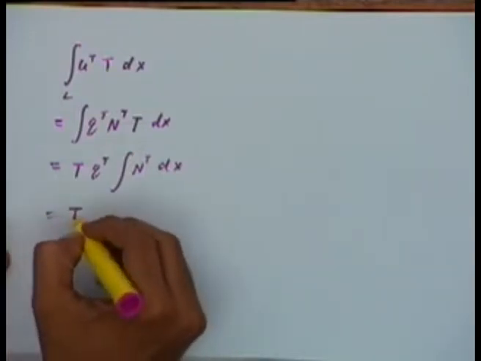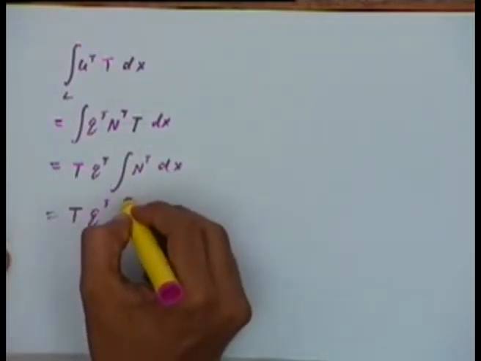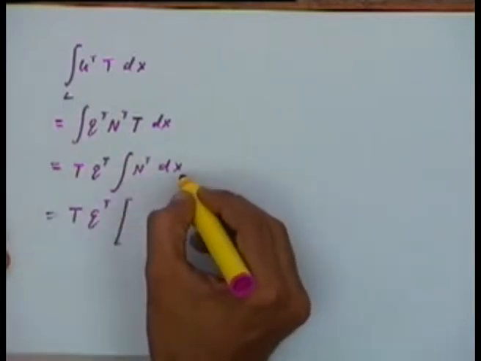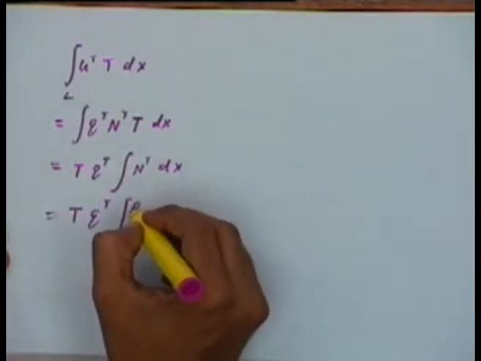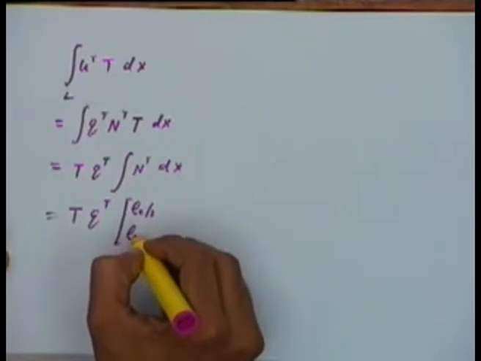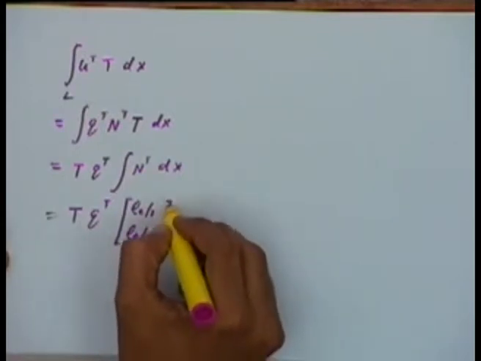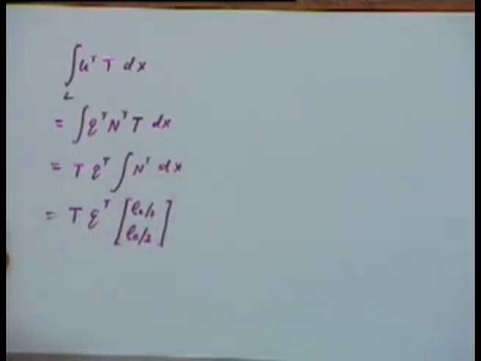This will be equal to t into q transpose into, again, integral of n transpose dx, which will give us the same thing, that is Le by 2 and Le by 2. This is the same as what we have just derived here.